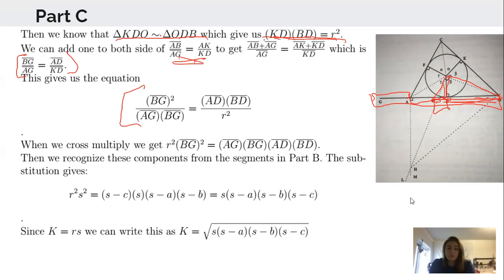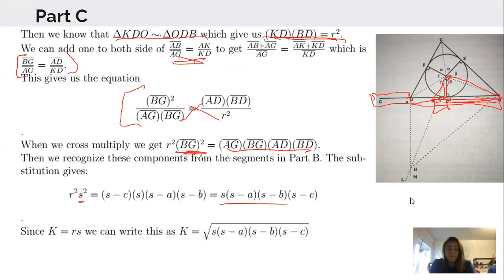BG squared times R squared is just right here. These two multiplied to each other are just this right here. R squared is just the radius squared. BG squared is just S squared, because we said that earlier. And now we can just reorganize it.